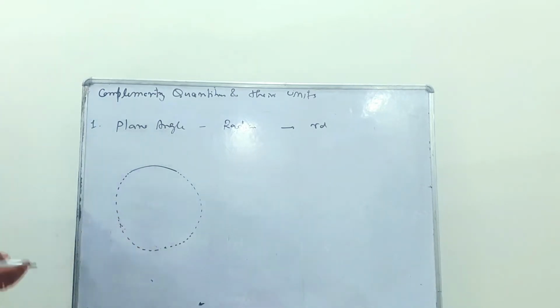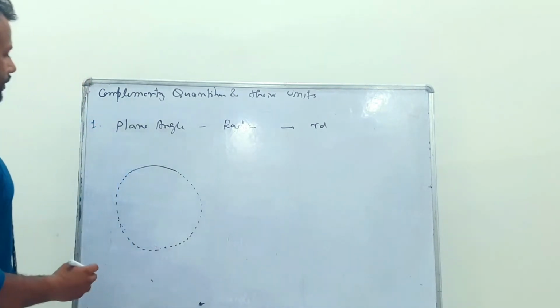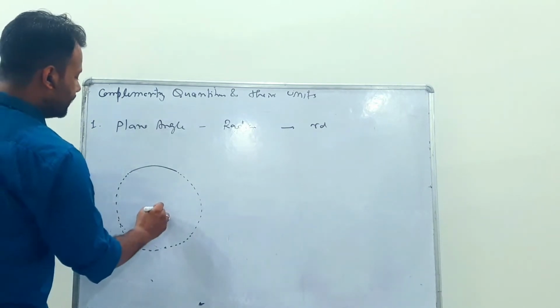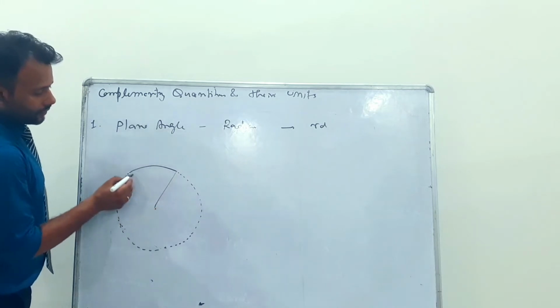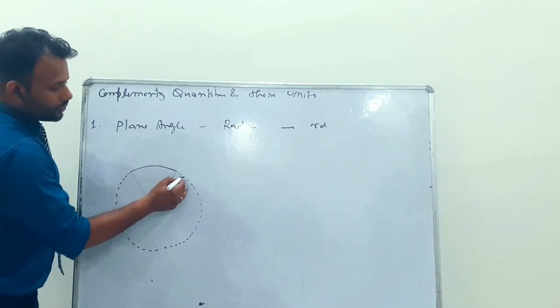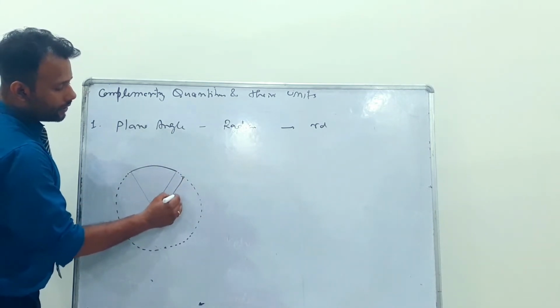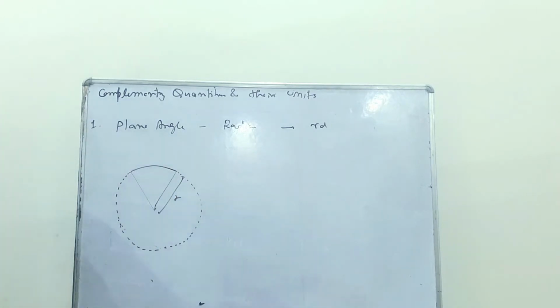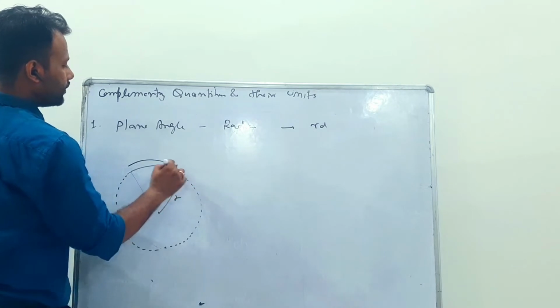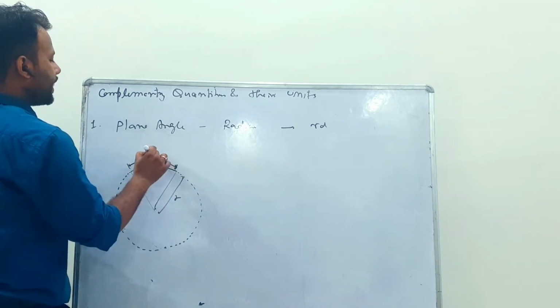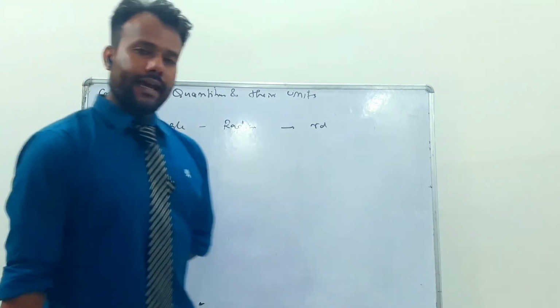And now if there is a circle, there must be some radius and center as well. So let's say this is the center. So this is nothing but the radius of the circle, and this is the length of the arc, let's say S.